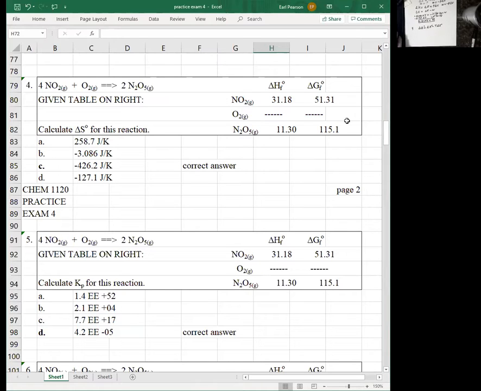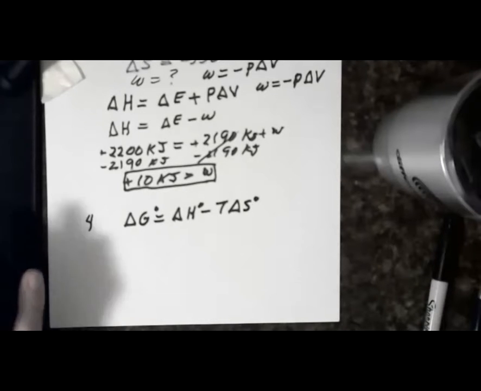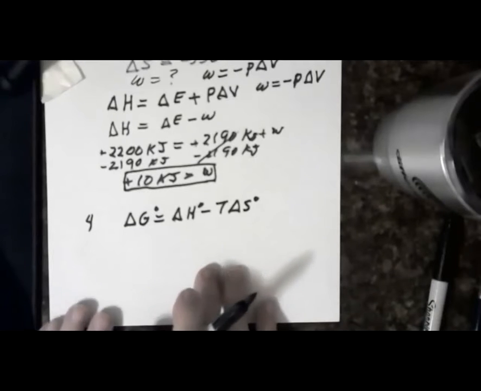So let's go over to our pad. Now I'm going to be using the data that's here. If you've got a copy of the exam, you can follow along with me, but it'll disappear when I start working on the pad.